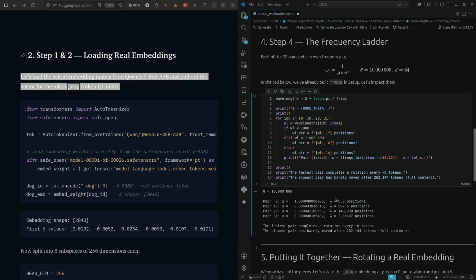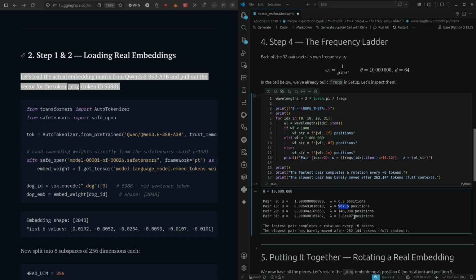So this completes a full rotation every 6.3 positions. That's pair 0. Okay. Pair 10, here the pair we're talking about is a dimension, remember that. It takes 967 positions or index number for it to complete a full rotation.